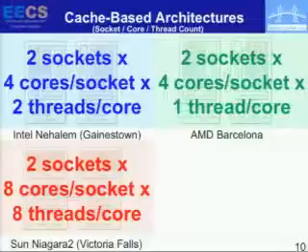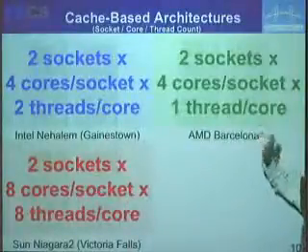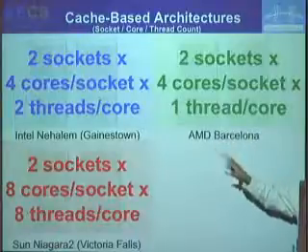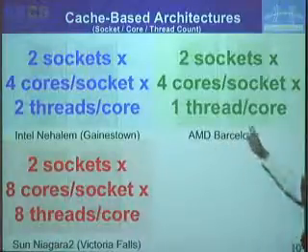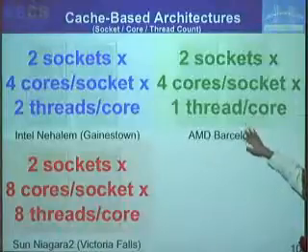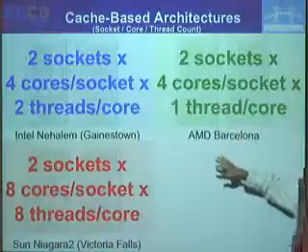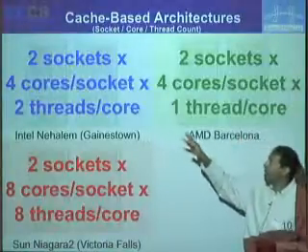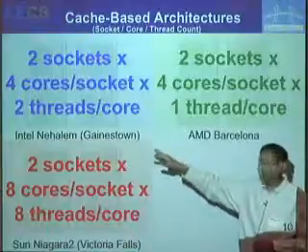Now, if we look at the socket, core, and thread counts, they vary pretty drastically between these 3 architectures. First of all, all 3 are dual socket, and that was done to provide fairness. But the Barcelona has 4 cores per socket and a single thread per core, so it's 8-way parallelism, while the Nehalem has 4 cores again, but 2 threads per core, so it's 16-way parallelism.